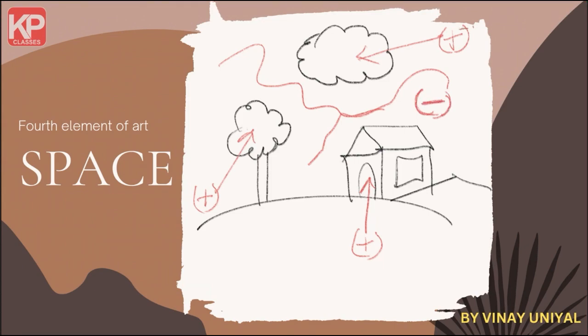This is actually a very practical element of art. You will learn how to use the right space when you will be making something by yourself. So you should know some initial techniques to draw something by yourself. So for now, it's important for you to understand that we have two types of spaces, the positive space as well as the negative space.